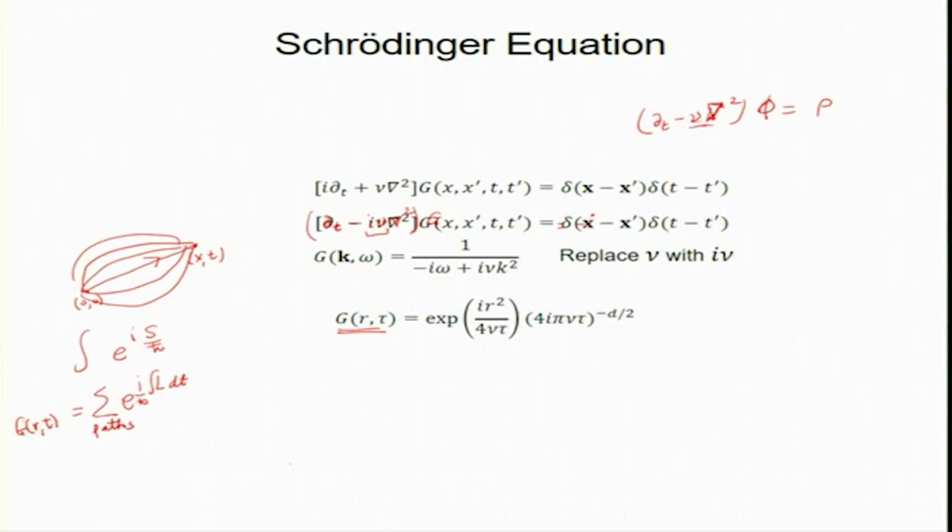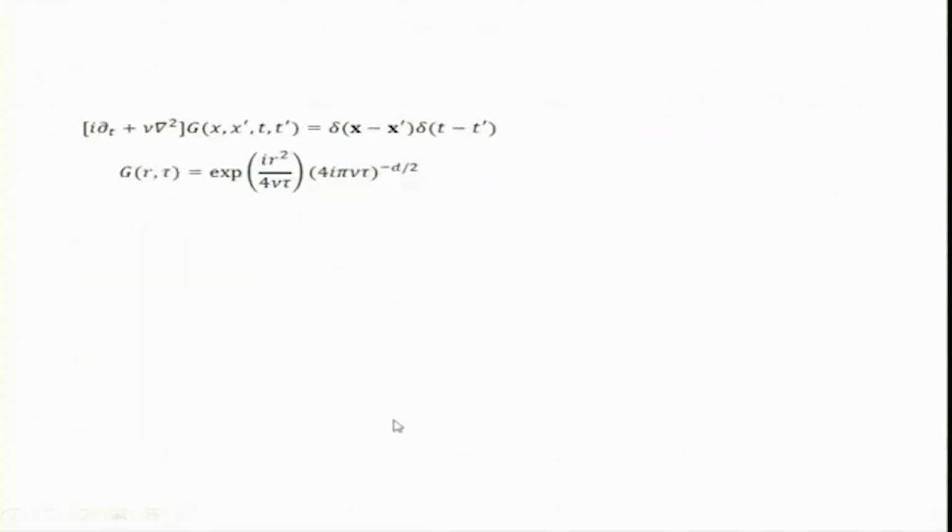What do I need to do to convert it to Schrodinger equation? So, I have it in my next slide. So, what is Schrodinger equation? I h bar d by dt psi equal to Laplacian h bar squared by 2m, right, psi. Okay. H bar cancels. So, I get I partial dt equal to minus h bar by 2m Laplacian. Okay. So, what is my nu? Compare these two. Nu is h bar by 2m, correct.